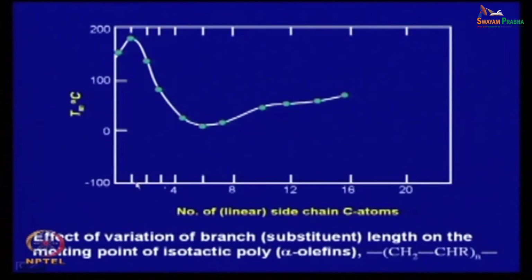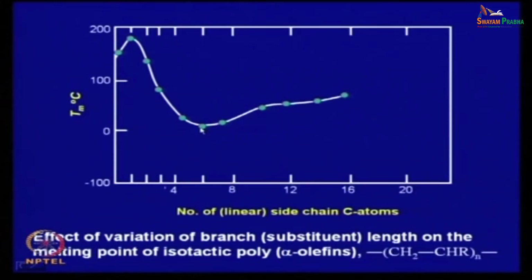You see here the melting temperature first increases if the number of carbons is less. Then with the increase in number of carbons in the branch, that means for a long length of branch structure, the melting temperature decreases. Further, it shows an increasing trend. Why?